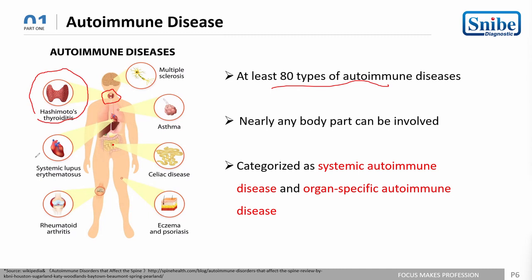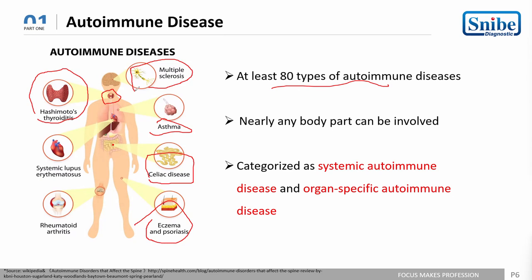The second part is related to the cardiac, systemic lupus erythematosus, and rheumatoid arthritis, which is the inflammation of the joints, and eczema and psoriasis, then celiac disease, asthma, and multiple sclerosis. These are neuro-related diseases, neuropathy-related diseases.